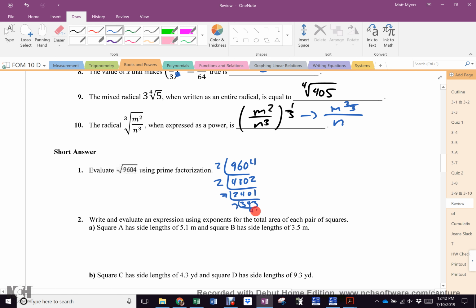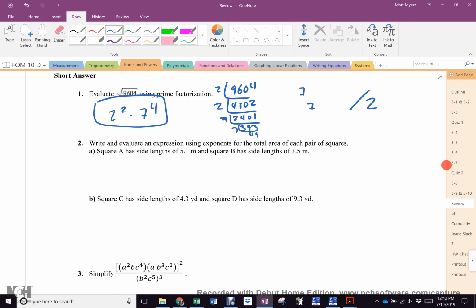And then 7 and 49. And then 7 and then 7. So the answer was 2 squared times 7 to the 4th. 2 marks there because it's 2 concepts.